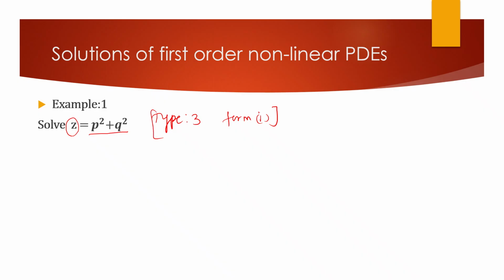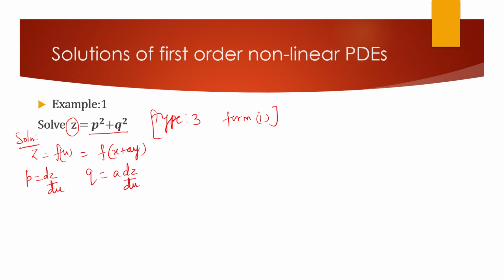In this we assume that z is a function of u, that is z is f of x plus ay. Because of this assumption we get p as dz by du and q as a into dz by du.